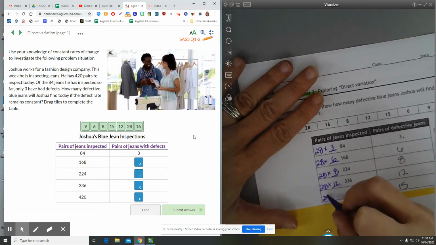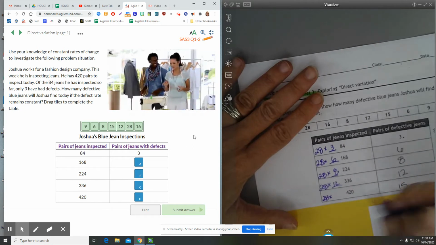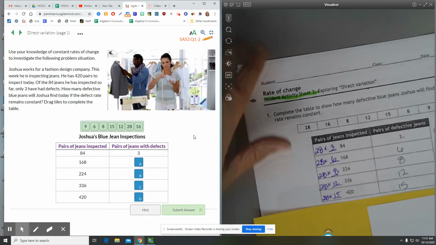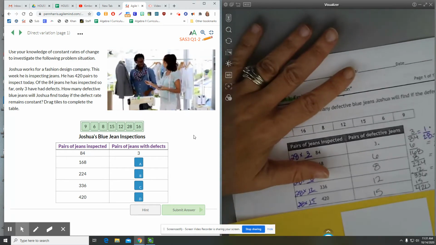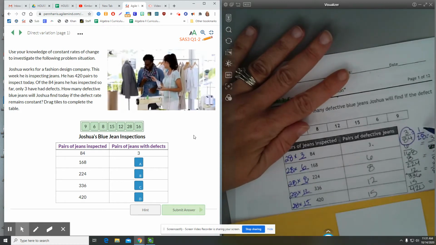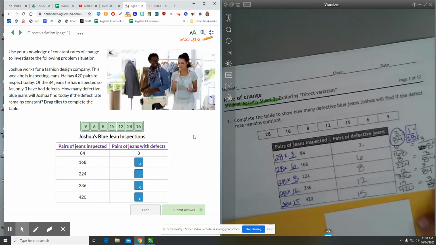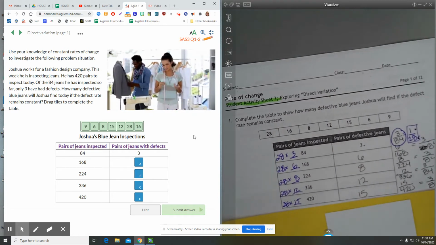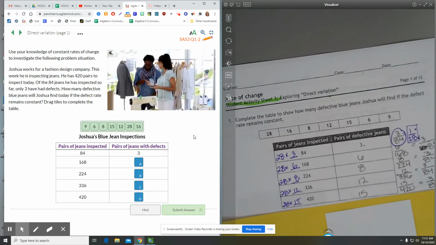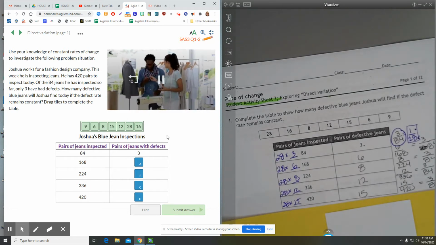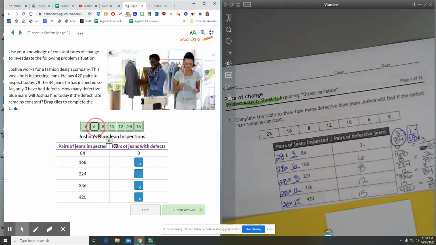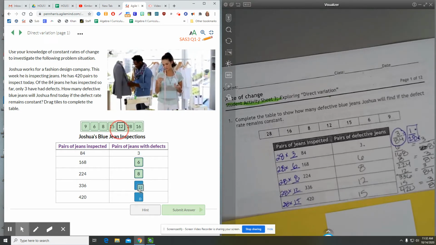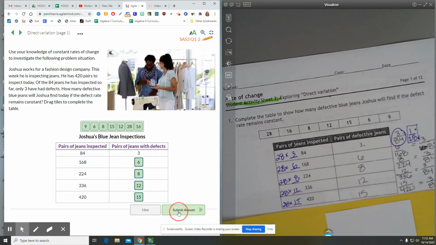And 28 times 15 gives me 420. And I got that all from going back to my original 3 over 84, simplified down to 1 over 28, meaning for every 28 pairs of jeans I inspect, I will find one defective pair. If you want to take a minute and fill that in on your Agile Minds or your chart, you can. Again, I said 6, 8, 12, and 15.